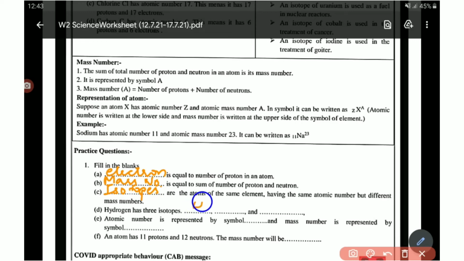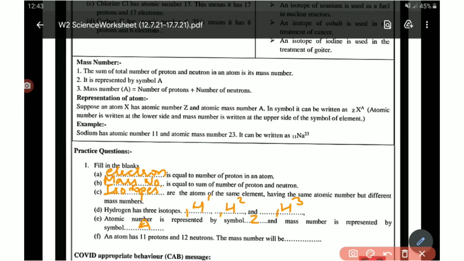Hydrogen has 3 isotopes. Write it down. We have seen atomic number is same. This is protium, this is deuterium, and this is tritium. Atomic number is represented by symbol Z and mass number is represented by symbol A. Okay, last question. An atom has 11 protons and 12 neutrons.